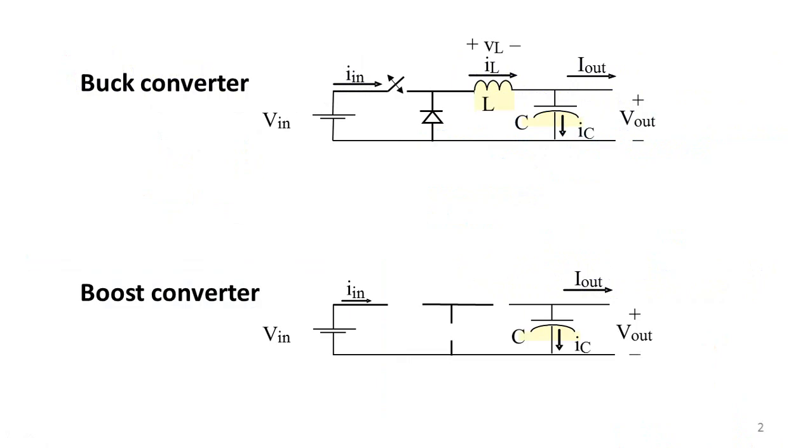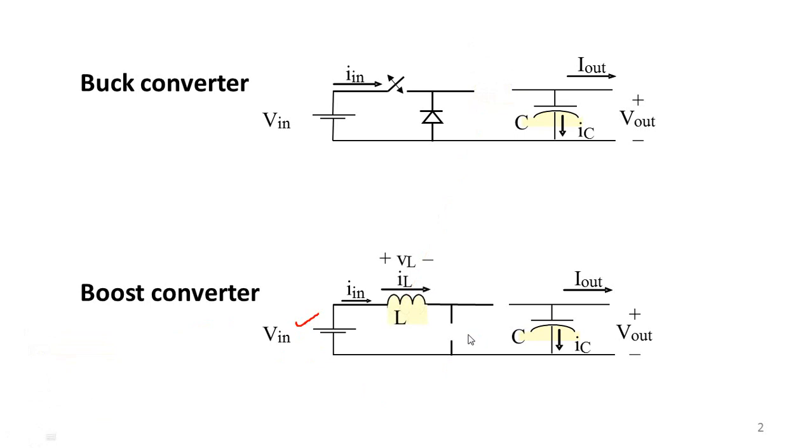This is the difference between a buck converter and a boost converter. I will come back to the buck converter later, but we will see only the boost converter now. A boost converter has a supply V in and an inductor; the inductor is replaced, it is just vice versa.